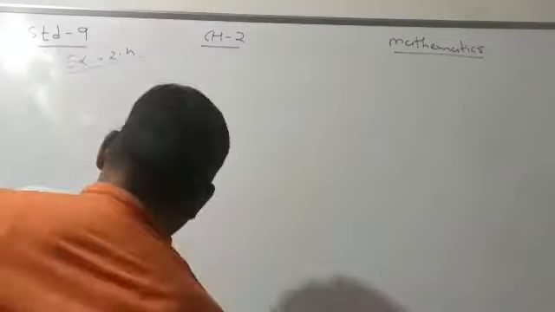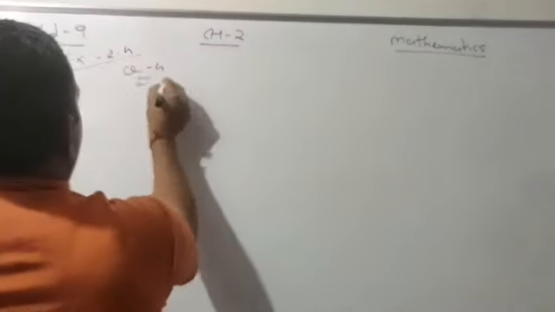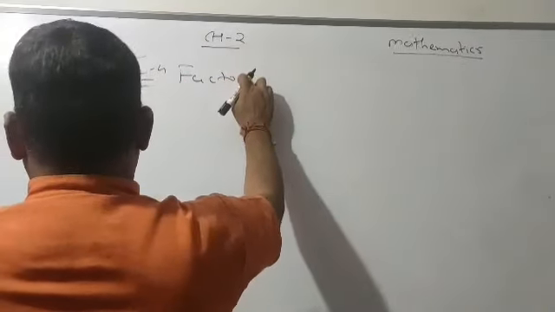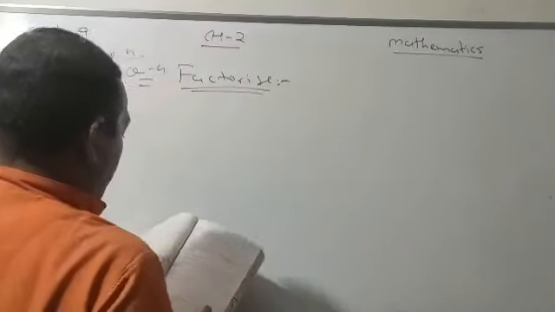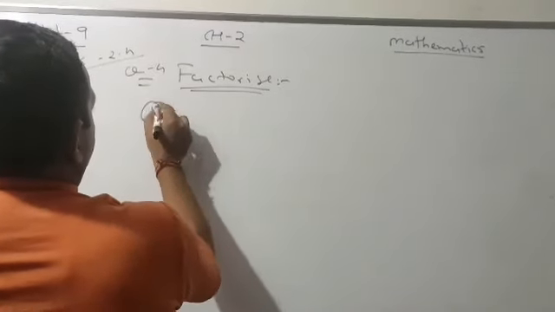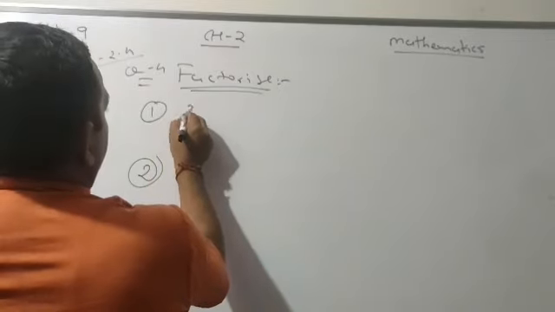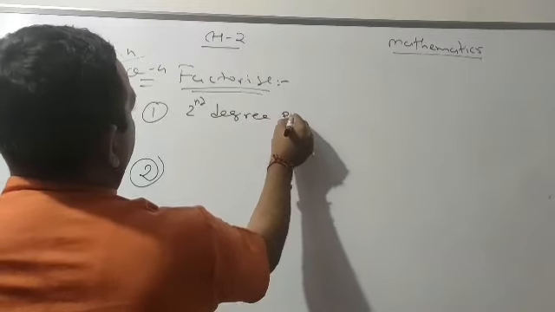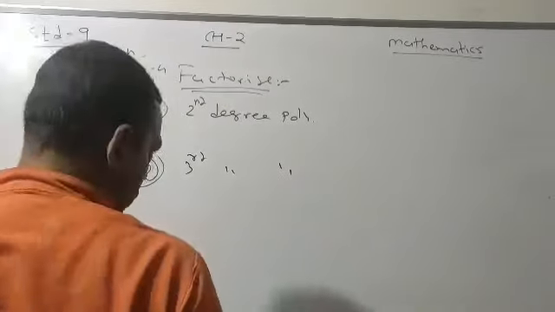See, in the fourth question, the question is factorize. See, during factorization, observe the polynomial. There are 2 kinds of polynomial in your syllabus: second degree polynomial and third degree polynomial.